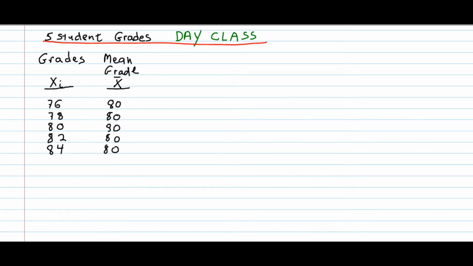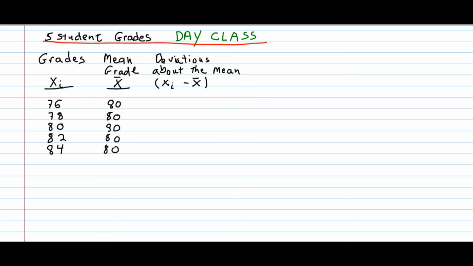In the next column, we will put the deviations about the mean. So let's write that down: deviations about the mean. What that means is we're going to take each number from column 1, which are the x sub i's, and subtract from it each number in column 2, which are the x bars.